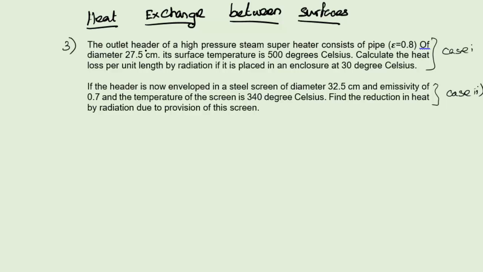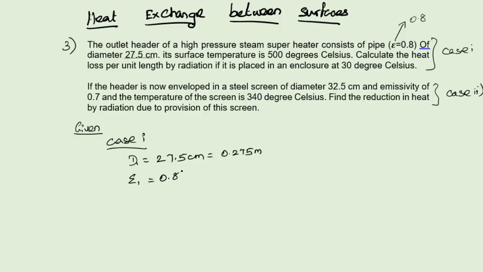The outlet header of a high pressure steam superheater consists of a pipe which is having epsilon as 0.8 and diameter 27.5 centimeter. So given, for case 1, the diameter of the pipe D1 equals 27.5 centimeter, which is equal to 0.275 meters, and emissivity epsilon 1 equals 0.8.